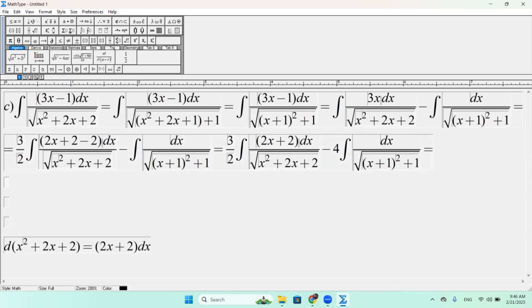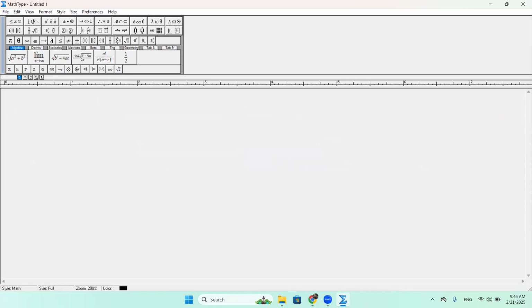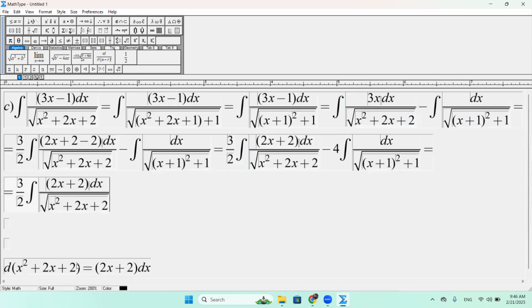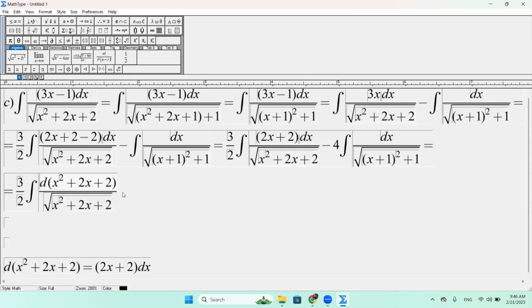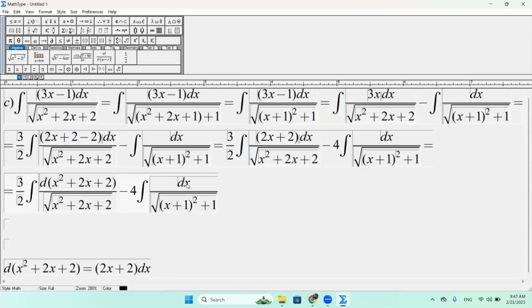So now we can use the differential entry technique, and see what we will receive. Here in the numerator we have the differential of the expression under the square root, and for this integral we will also move x plus 1 under the differential.